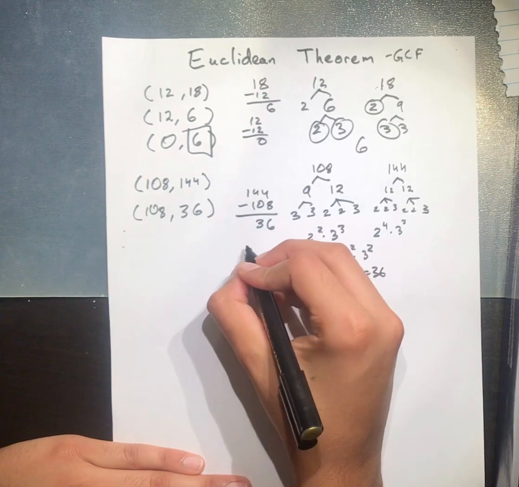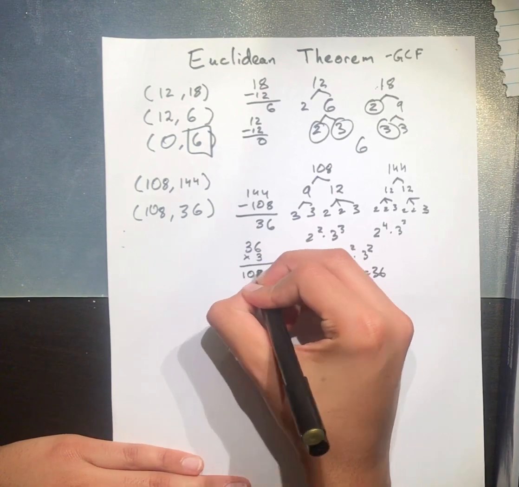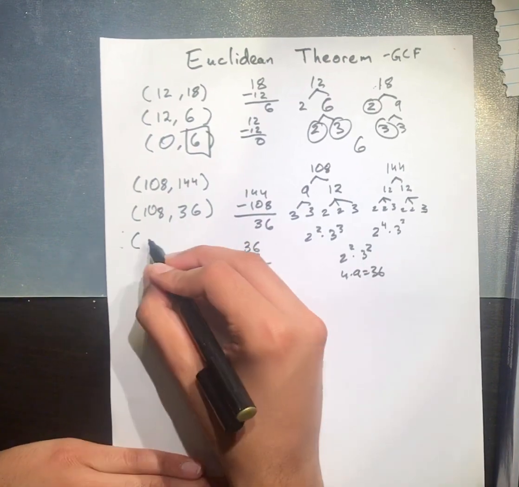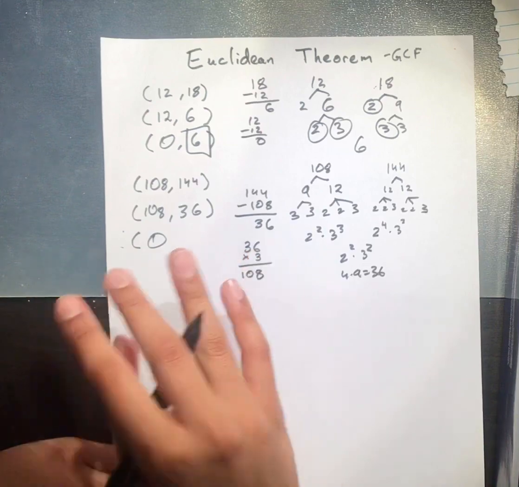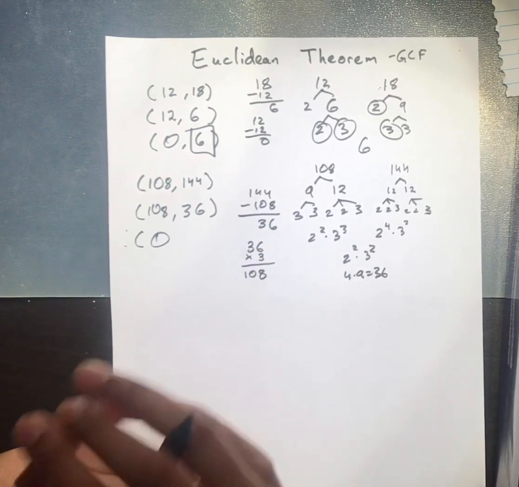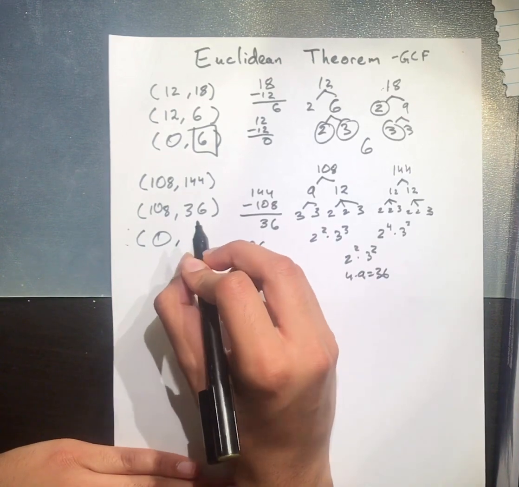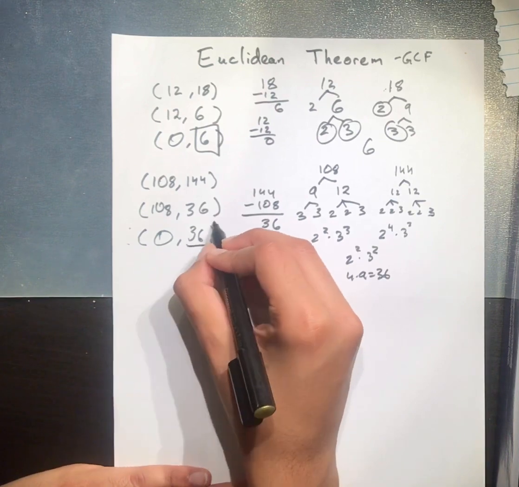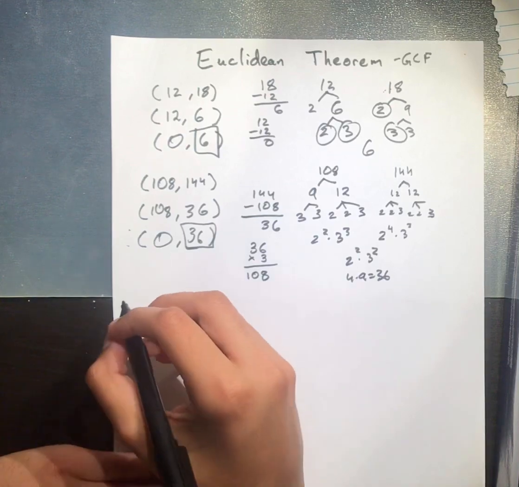We can do 36 times 3, which equates to 108 entirely. So you'd have 0 as the remainder. How many times it went in does not matter, the important thing is that it went in evenly. So the remainder is 0, which means it'd be 0 and 36, which means that 36 will be your GCF.